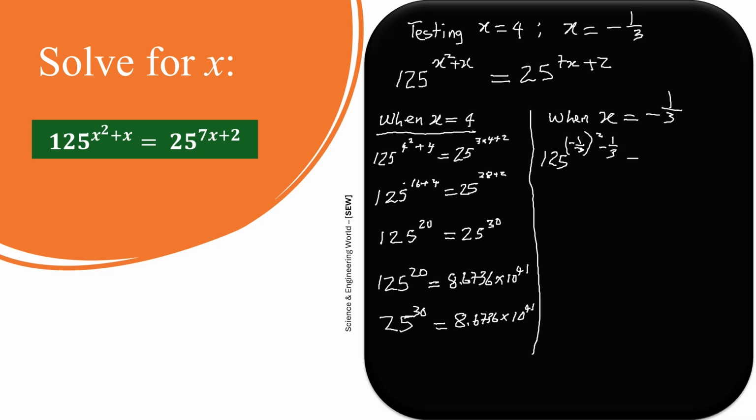And this gives us 25 to the power of 7 times minus 1/3 plus 2.